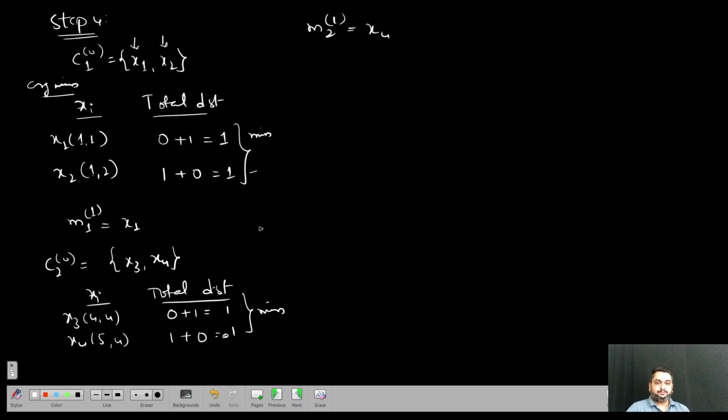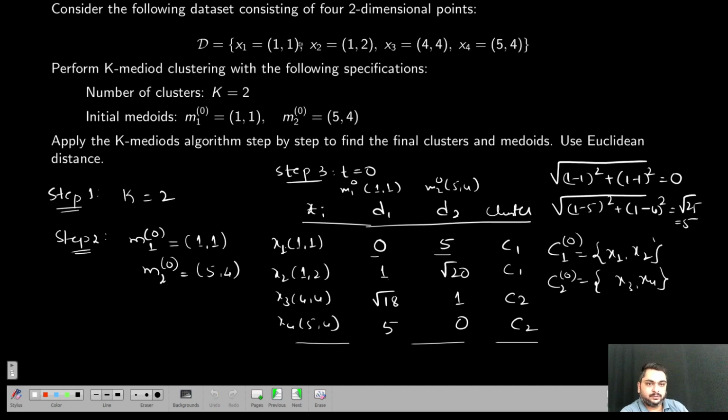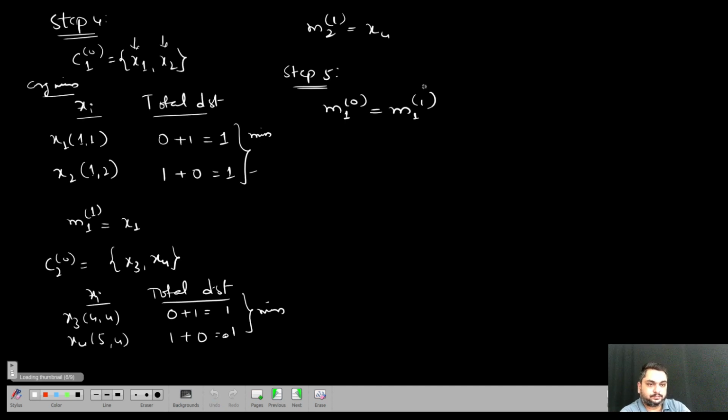Okay, now you go for step 5. Check whether I can converge. What is the convergence condition? Initially m1 of 0, is it equal to m1 in the next iteration? Yes. Initially we took x1 as the medoid 1, 1, and then m2 is x4.